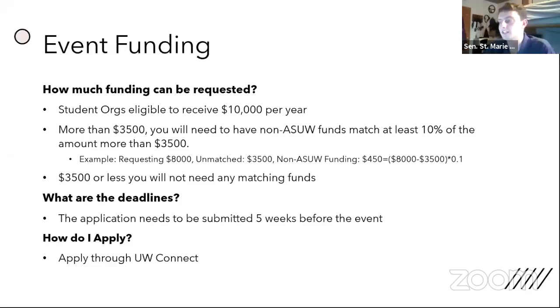If a student organization is requesting $8,000, they will receive $3,500 unmatched from Funding Board, assuming they're approved. Of your non-ASUW funds that you have to get matched, you will need $450, which is just the difference between your total amount and your unmatched amount times that 10%.